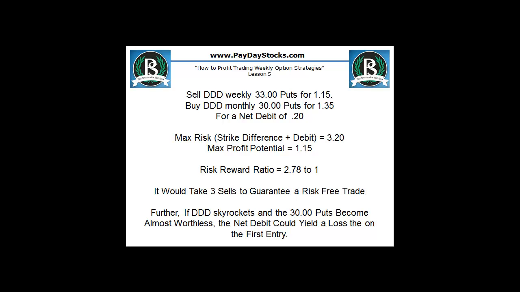All right, so if you create a credit with these combined spreads, if the market goes in your favor, you make money. You may not be able to sell the extra weekly options, but you still made money on that first one. So in this, if you create a net debit and the market goes in your favor, you could still lose. So I don't like doing that.